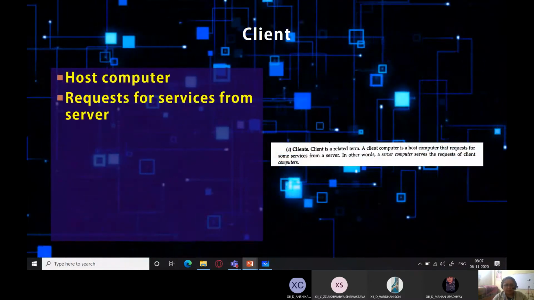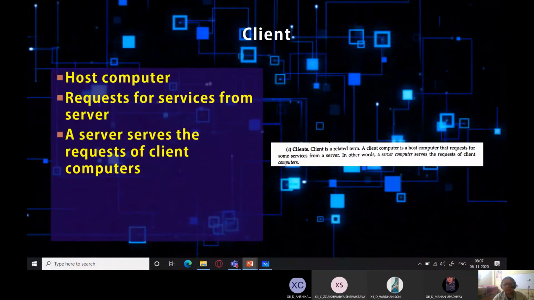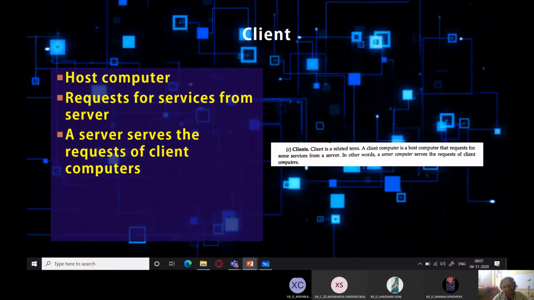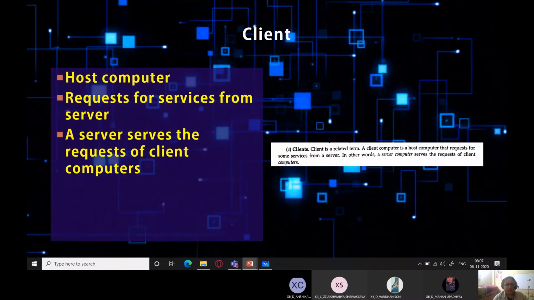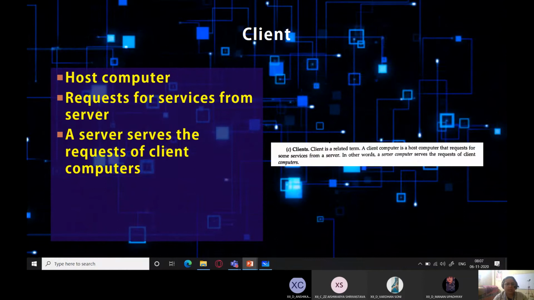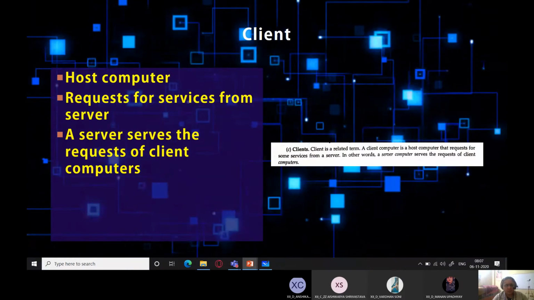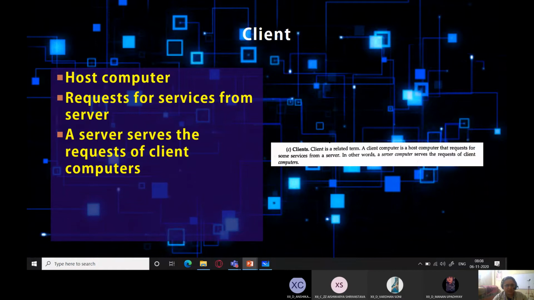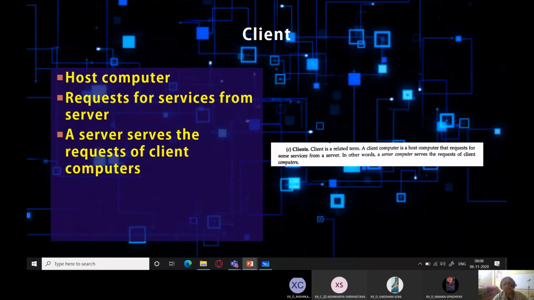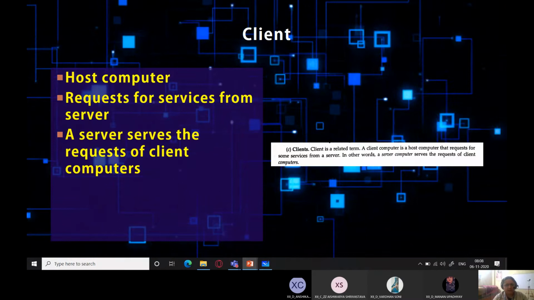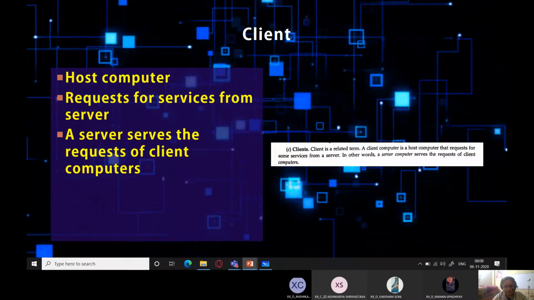Next is the client. It could be a dumb terminal without any processor, without any storage. Understood? Only the display and the keyboard will be there, or even the mouse. That is the output and the input device. The client would be placing requests to the server, and the server would give some response.